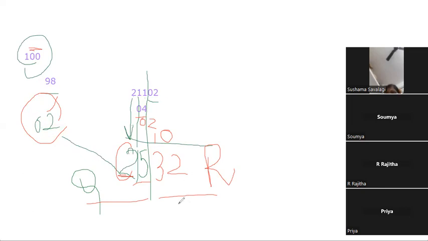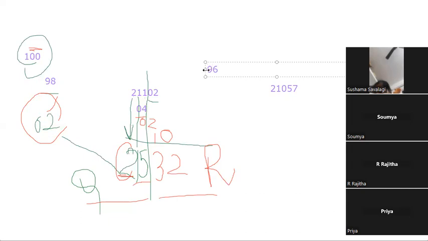I know it is a little difficult because it is something very new. So let us do one more question and you will be able to understand. So I am taking a number like 2, 1, 0, 5 and 7. Go step by step and do not panic. Everything is in a systematic way.